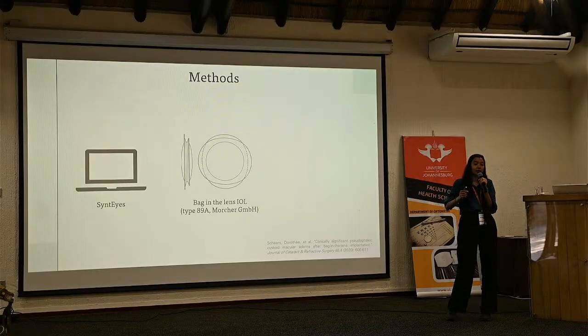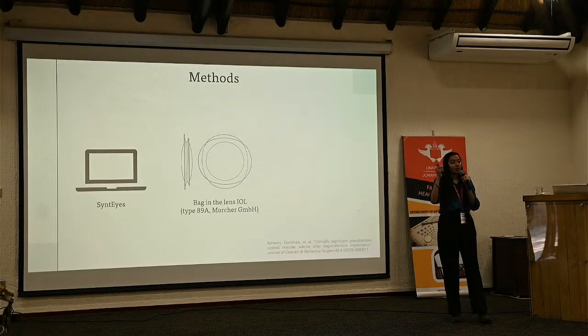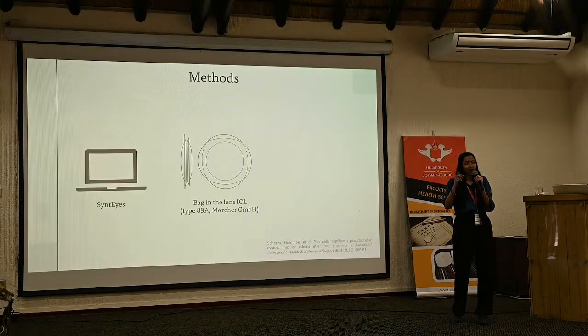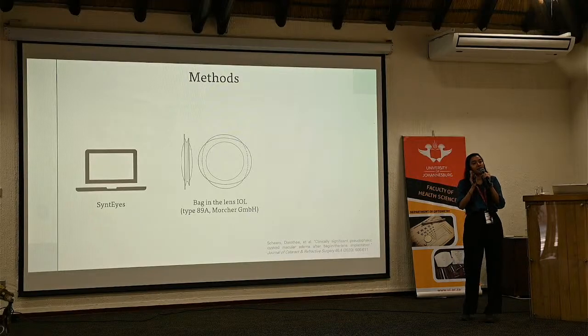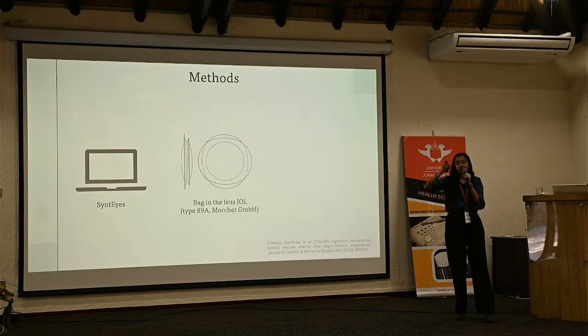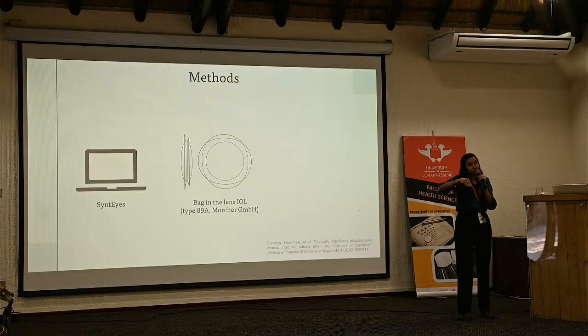The bag-in-the-lens IOL is implanted in such a way that a circular opening is made on both the anterior and posterior capsules of the lens bag, and the haptics of the lens are fit so that the lens is sandwiched between the anterior and posterior capsules.